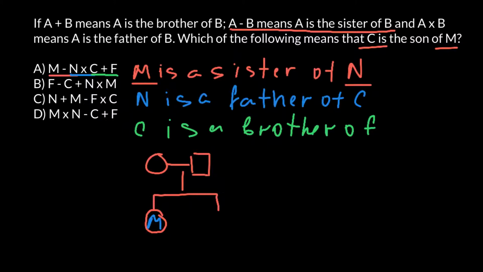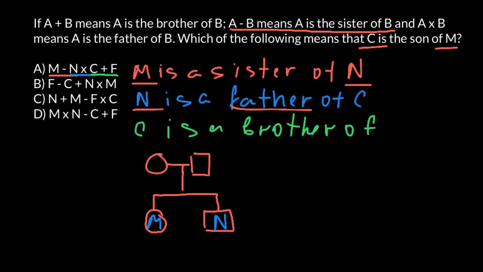I just add them for your better understanding. So who is N, female or male? N is a father, so M has a brother. N, who is a father, can obviously only be a man.